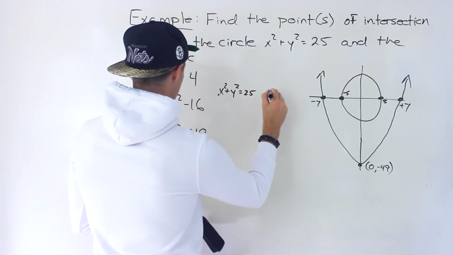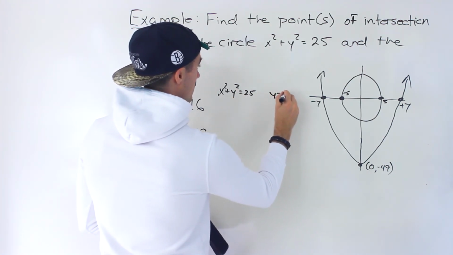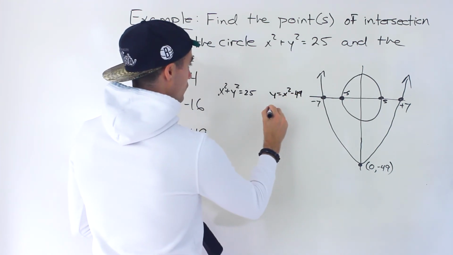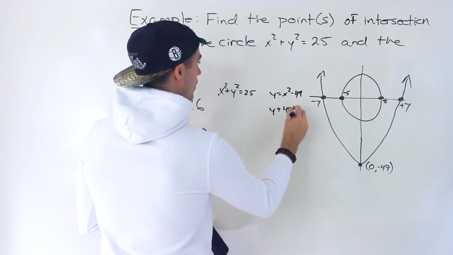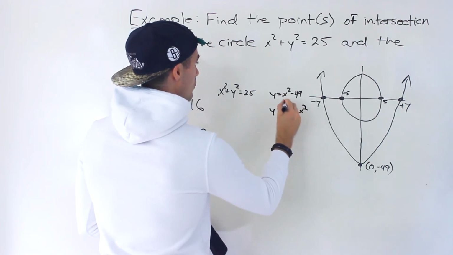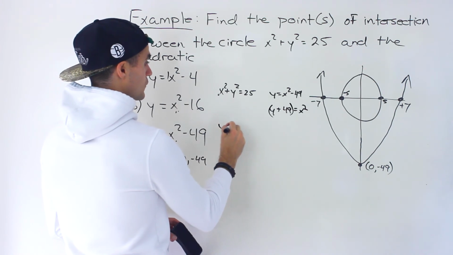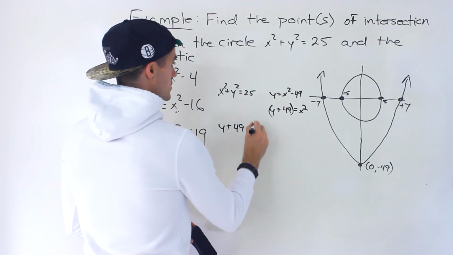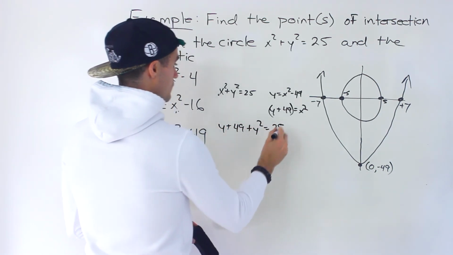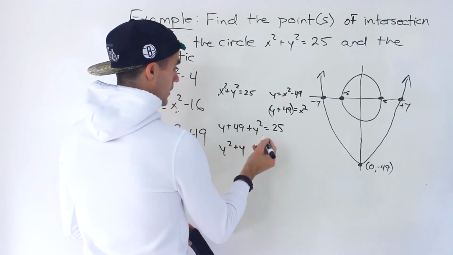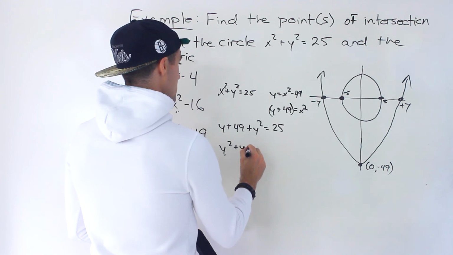So we're going to follow the exact same procedure where I'm going to isolate for this x squared, bring the negative 49 over, and then I'm going to plug in this for this x squared. So we'd have y plus 49 plus y squared is equal to 25. Bring the 25 over. We'd have y squared plus y plus 49 minus 25, which would give us what?